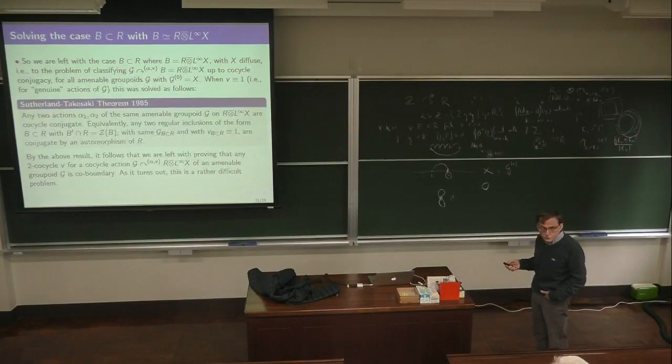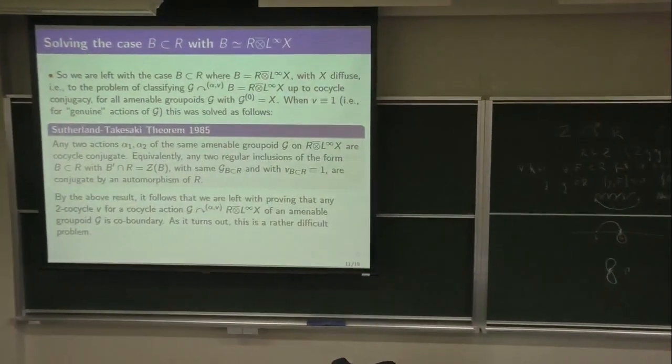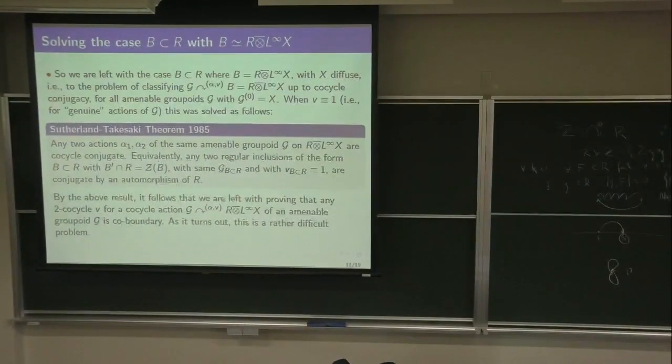So first of all, remember, in the hyperfinite II1 case, we know how to untwist two cocycles for cocycle actions of amenable groups on the hyperfinite II1.